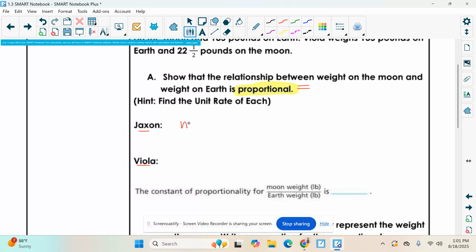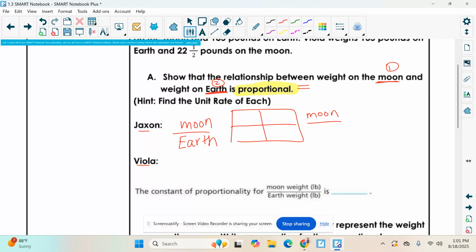So we've got moon over the earth. Because what did they tell us first in the problem? Moon, and then they said earth. So we want moon first, then the earth. Moon, earth. We want to know how much does Jackson weigh if he weighed 1 pound on earth, because we're looking for the unit rate, which is another buzzword.